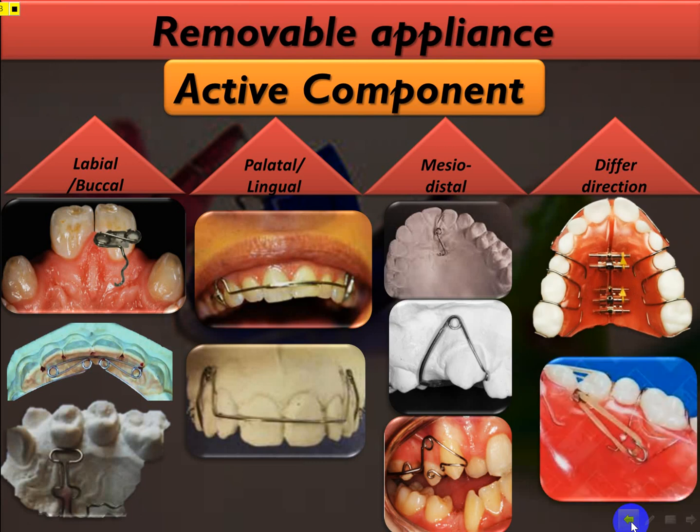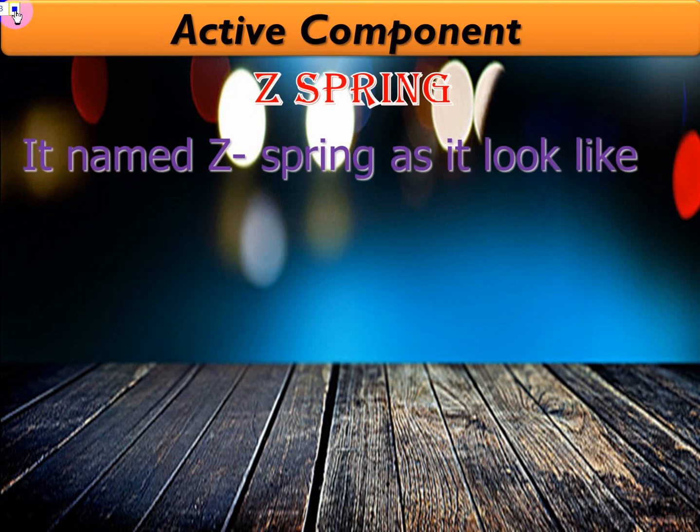It will give us a force in different directions according to the position where I put it inside the removable appliance. So we will talk about each one of them: Z spring, recurve, T, Hawley, Robert's, finger, buccal canine, jack screw, and elastic. Let us start with the Z spring.